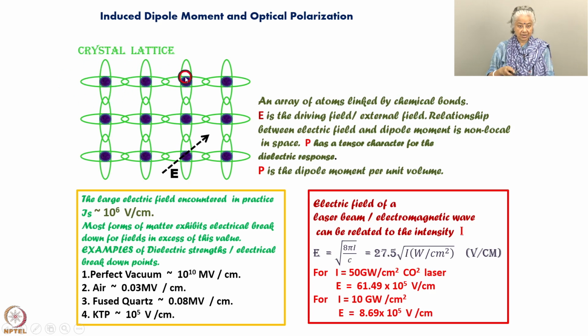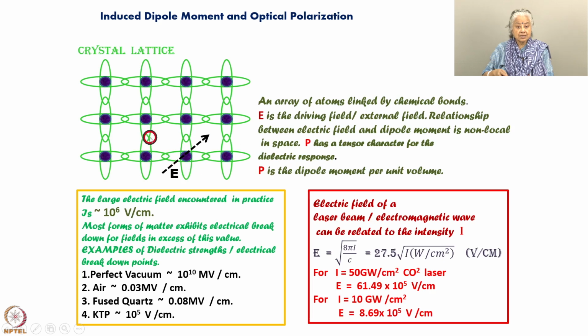It is just depicted in terms of this ellipse, perpendicular and horizontal. And these are kind of bonds. The atoms are stuck together in bonds like this, covalent bonds or whatever. It's just an array of atoms linked by chemical bonds.